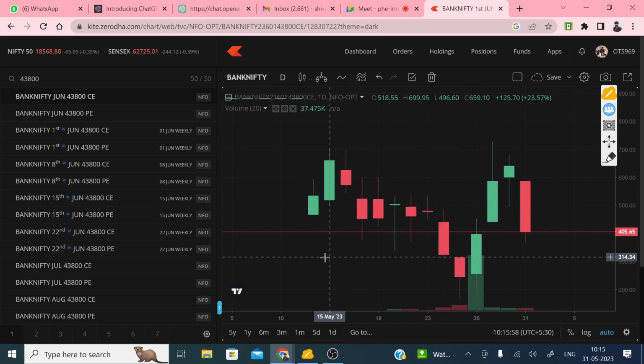If I purchase at 405, and from this point the option goes up, then I'll be in profit. And on the other side, let's say you are on the option writing side, you have written an option against my call option, and if the price goes down, then automatically you would be in profit.